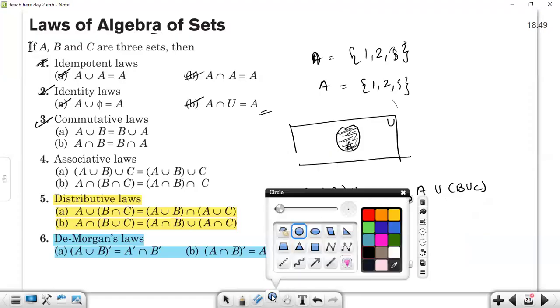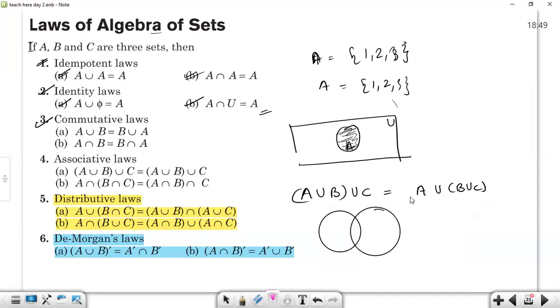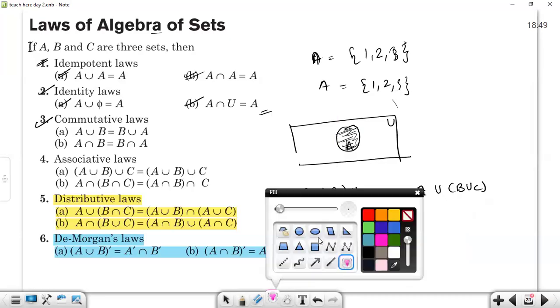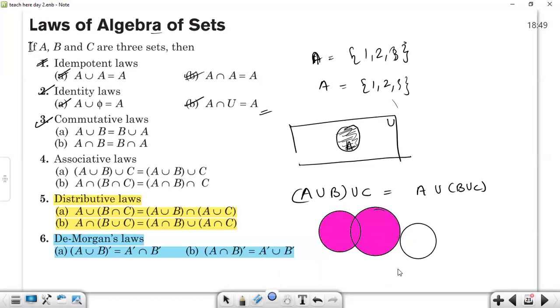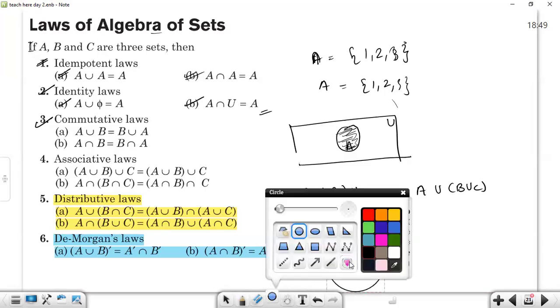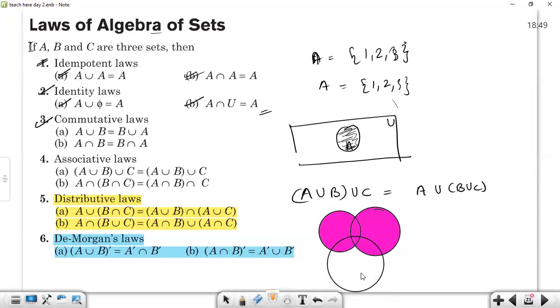Now there is set A union B, and this is further getting unified with set C. Let's take set C's color as this format.